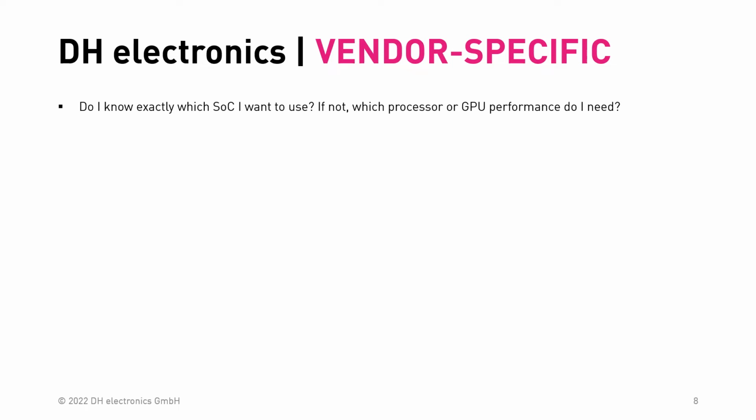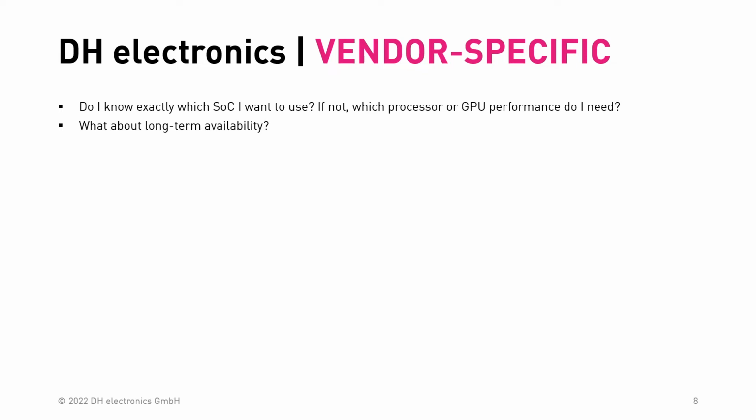And if you have a detailed look at the requirements, we saw that the i.MX8 is a great SoC, but for this project, such performance is not really needed. And so they can really reduce the costs by choosing a different SoC. So please clarify this in advance.